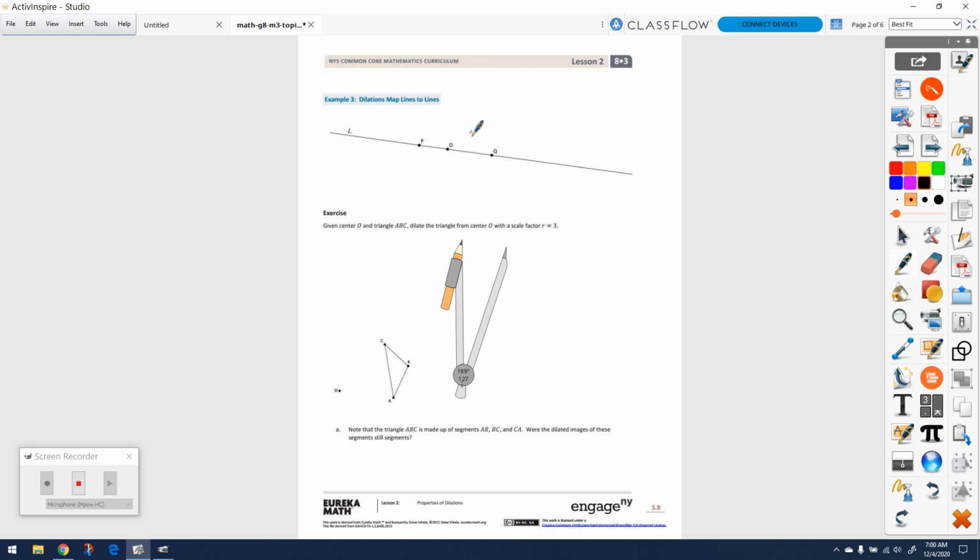We're going to measure this distance, so we're going to take our compass and measure from O to P. There we go. And I'm going to now move my compass and draw my arc.